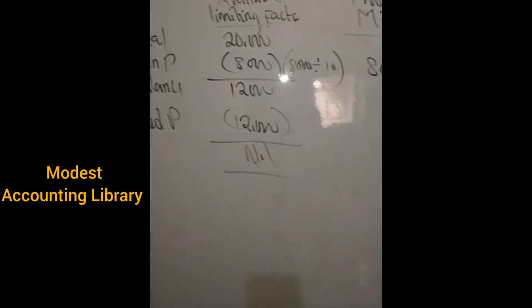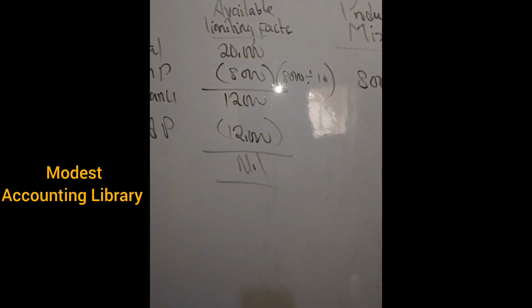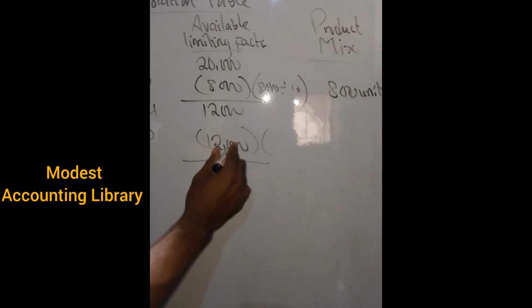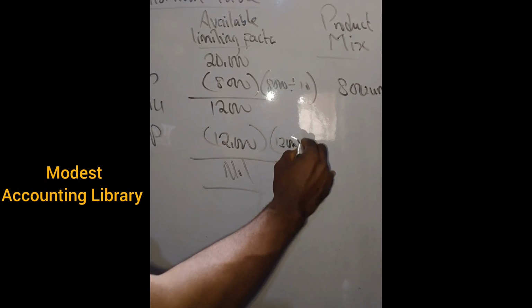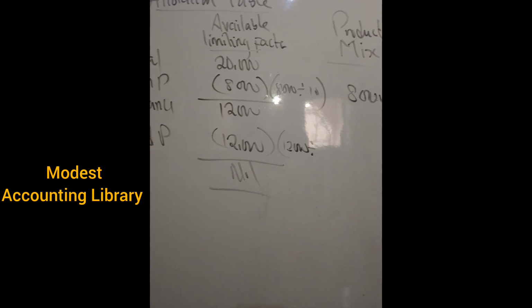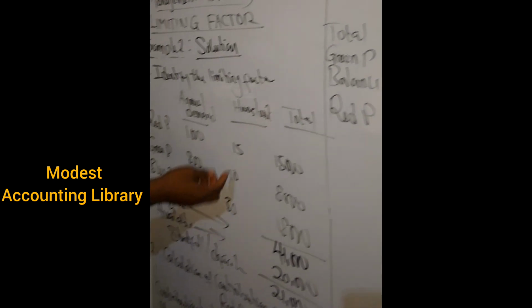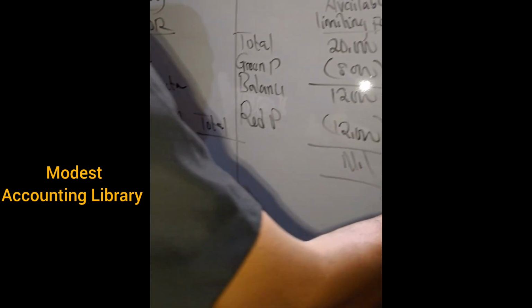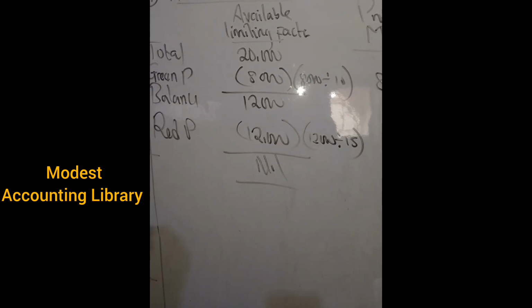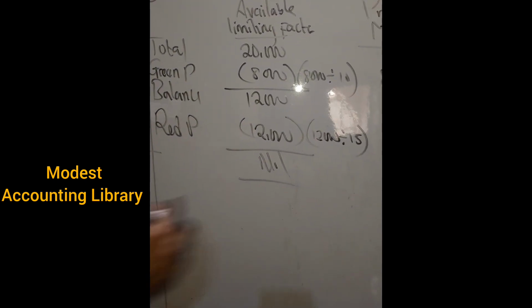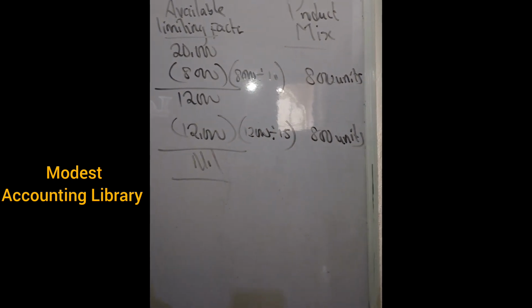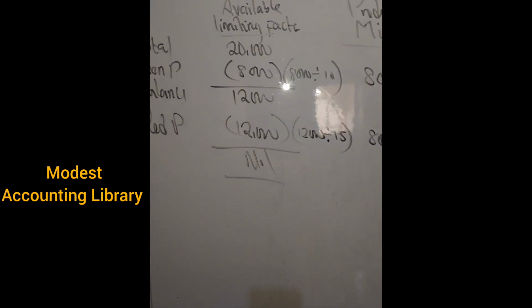So how do we arrive at the units that we are mixing? This 12,000 divided by the hours per unit, which is 15 hours per unit. If we divide it, that will give us 800 units as well. Okay, so that is the allocation table.